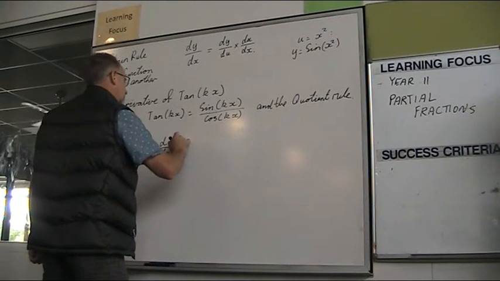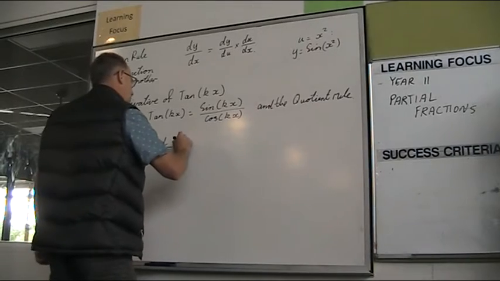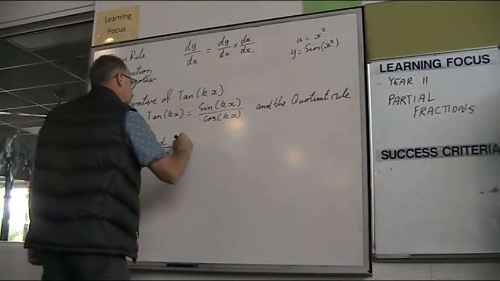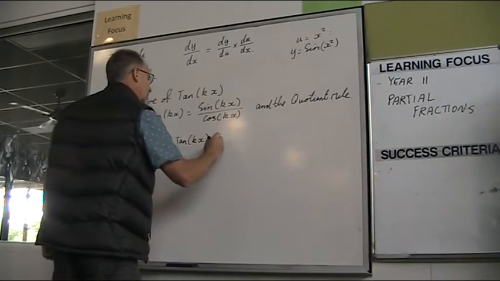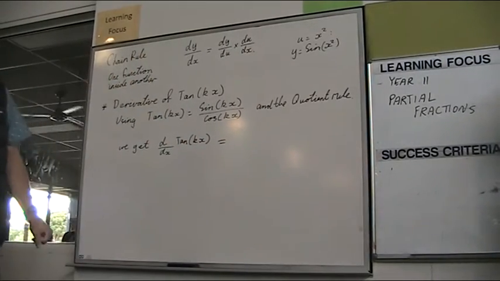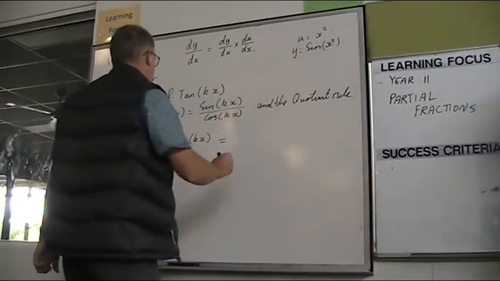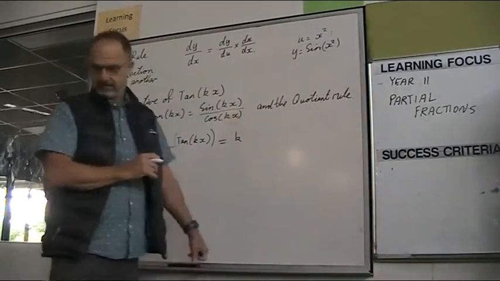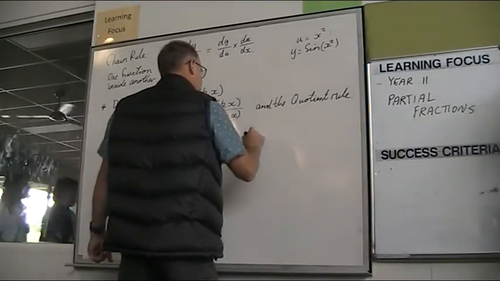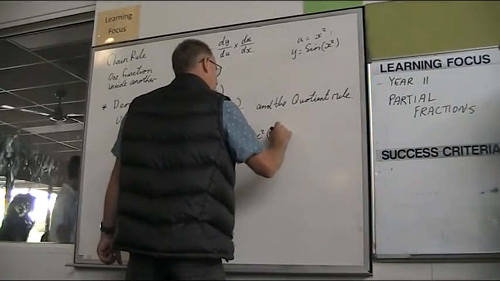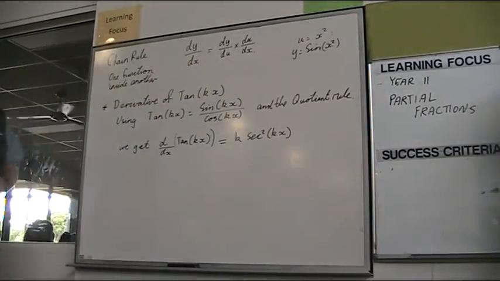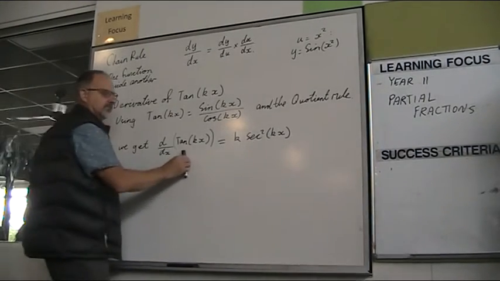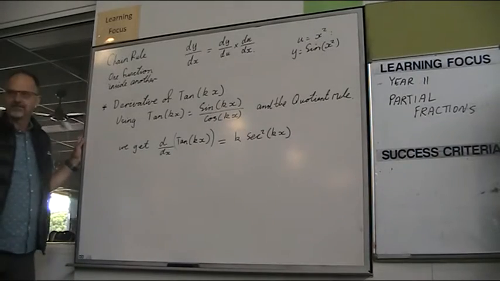of tan kx is equal to k times sec squared kx. So the pattern with tan kx is that.